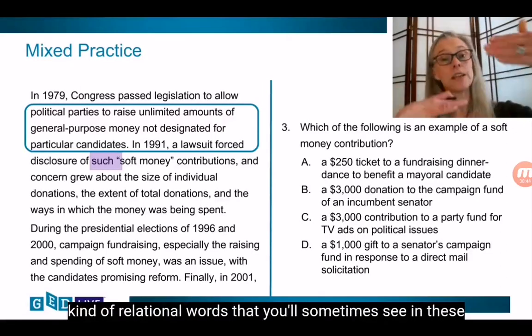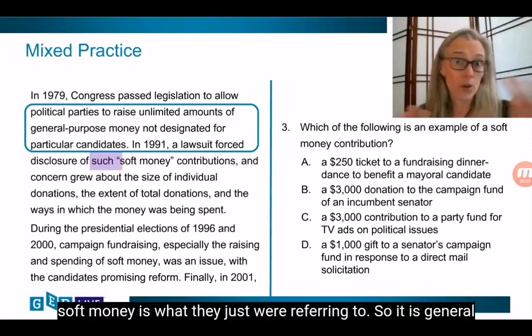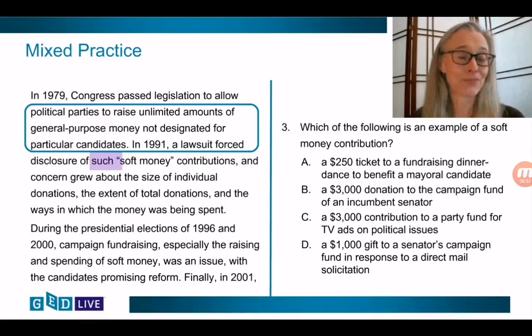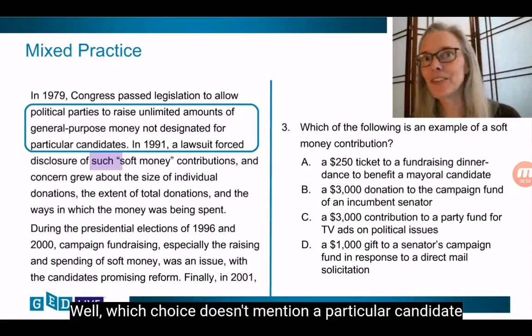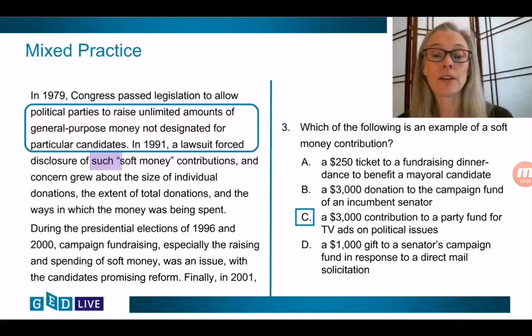So that's one of those kind of relational words that you'll sometimes see in these passages. It's really good to pay attention to. So soft money is what they just were referring to. So it is general purpose and not designated for a particular candidate. Well, which choice doesn't mention a particular candidate, but rather has the money going to a general purpose fund?